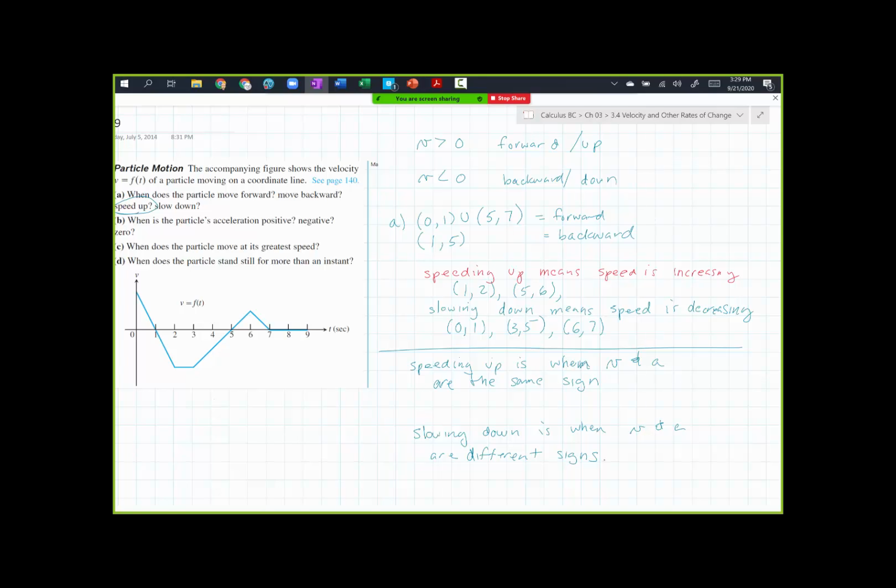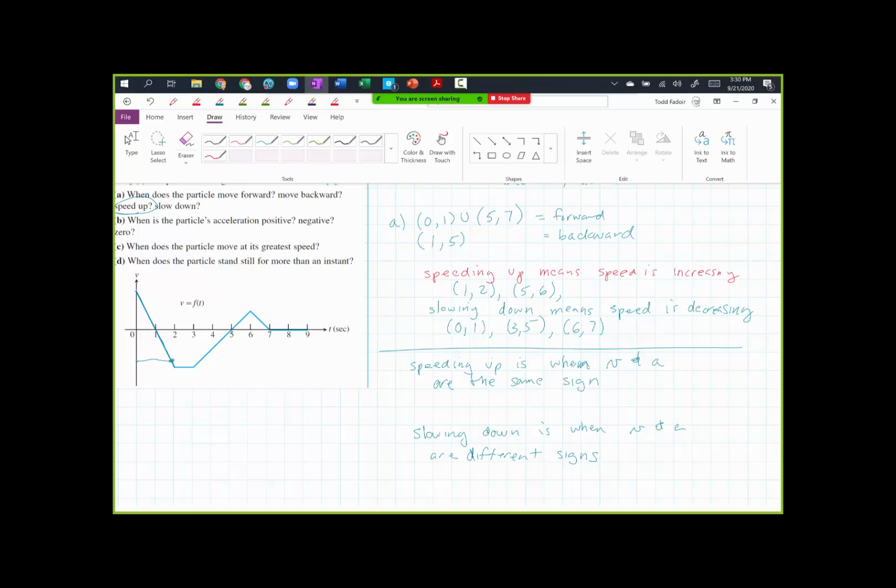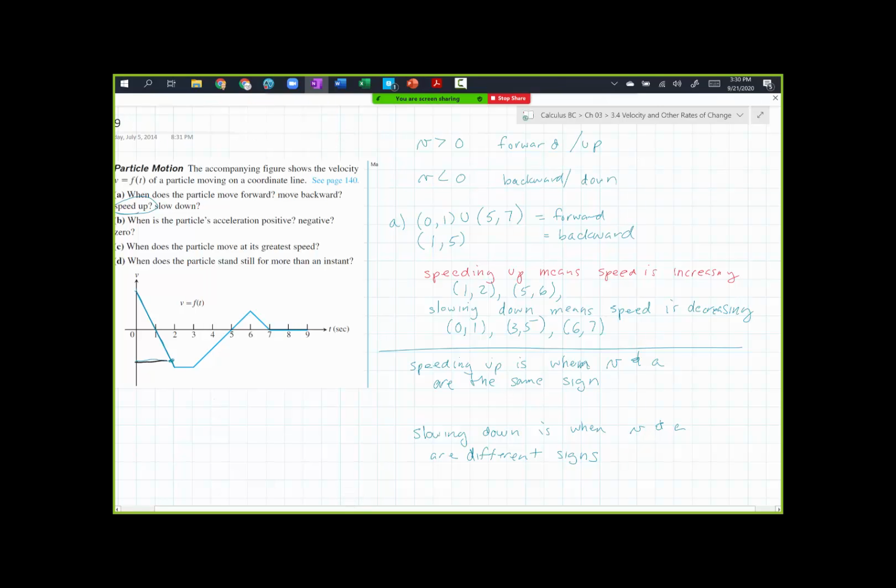So to answer the question this way, we'd have to ask what the acceleration curve looks like. The acceleration curve is going to be the slopes of the velocity. I don't know what that slope is, but it's negative, so I'm going to draw a negative slope here, let's do this in dark black. From 1 to 2, I've got some sort of negative slope on my velocity curve, so negative acceleration.